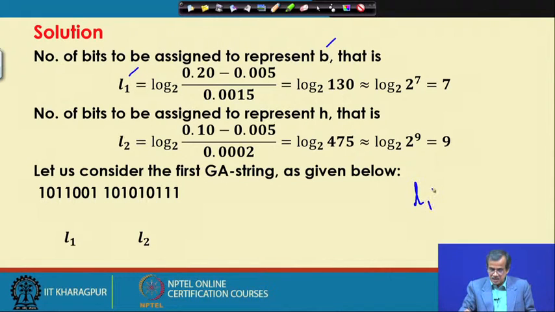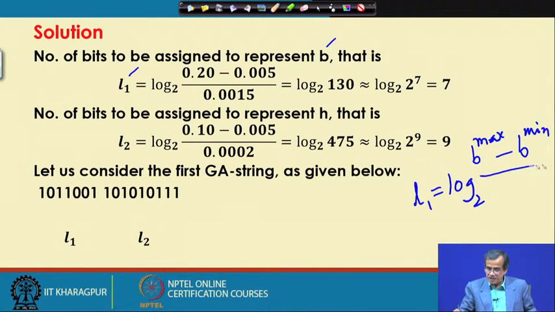Say L1 is nothing but log base 2, then comes B maximum minus B minimum divided by the accuracy level or the precision level, that is epsilon. Now, if I substitute all such values, B max is 0.20 meter, B minimum is 0.005 and the precision level epsilon is 0.0015.